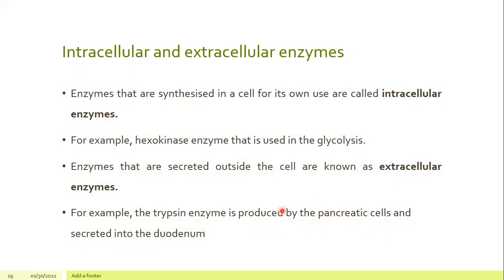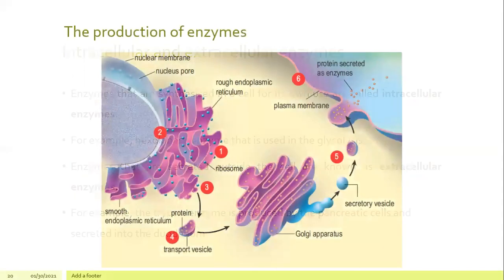It is produced by pancreatic cells, but it is not used by them. It's used by other cells in the duodenum, which is a part of the small intestine. So trypsin is an extracellular enzyme. Just remember these two differences between the enzymes.